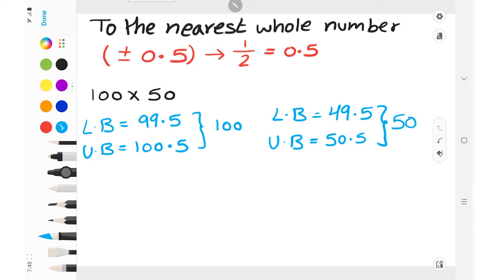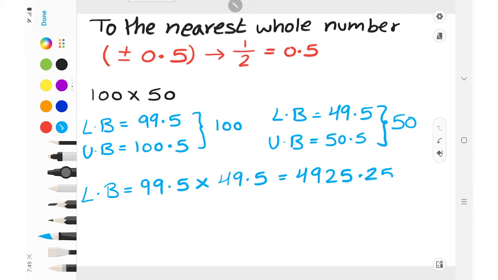Now for the multiplication, my lower bound will be the lower for the 100 multiplied by the lower for the 50. So 99.5 multiplied by 49.5 will give 4925.25.